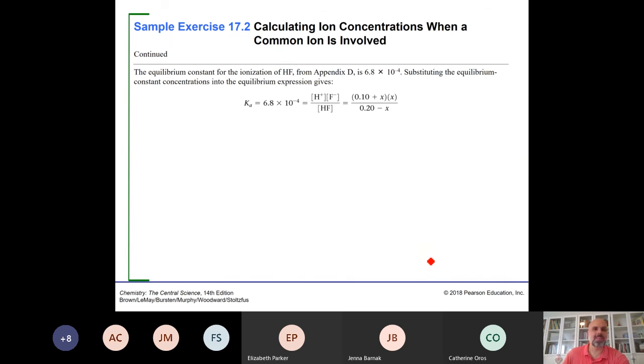So, all right. The equilibrium constant for the ionization of HF from Appendix D is 6.8 times 10 to the minus 4, and substituting the equilibrium concentrations into the equation, we have our equilibrium expression: Ka is equal to 6.8 times 10 to the minus 4, is equal to our products over our reactants.